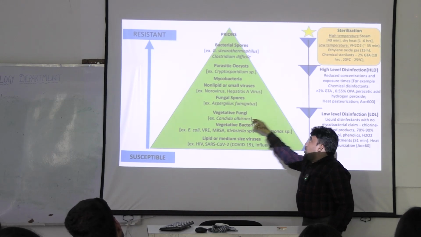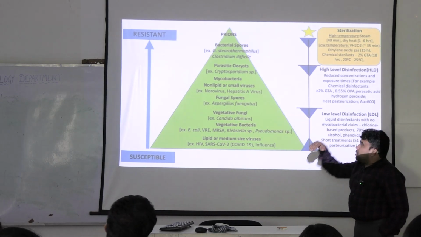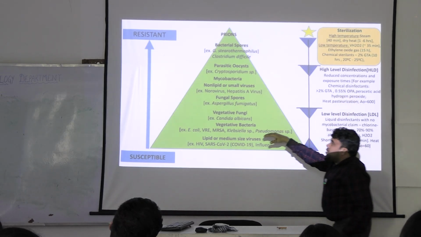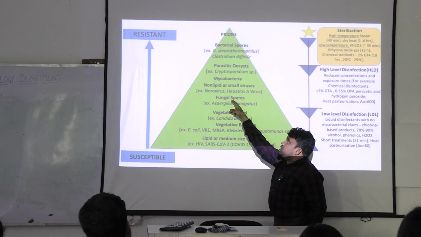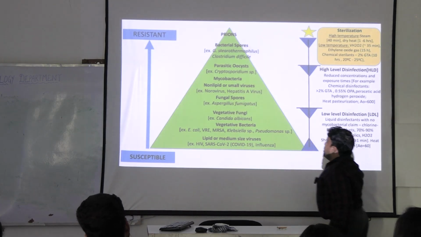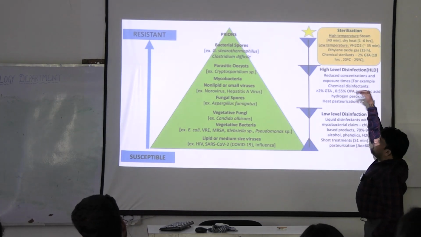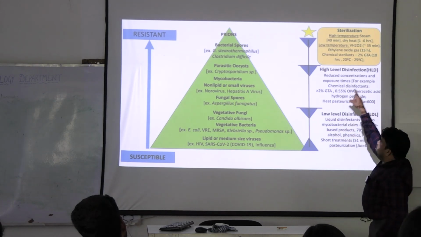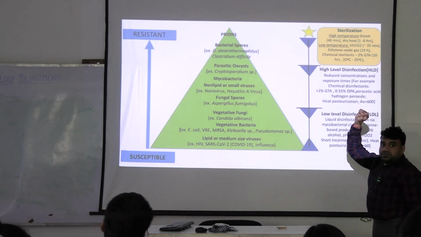Okay. If we need higher, we need to go for high level disinfection, which will act not only on this but also on fungal spore, non-enveloped viruses, mycobacteria also. If we need to go and kill the spores, bacterial spores, we need to achieve sterilization.